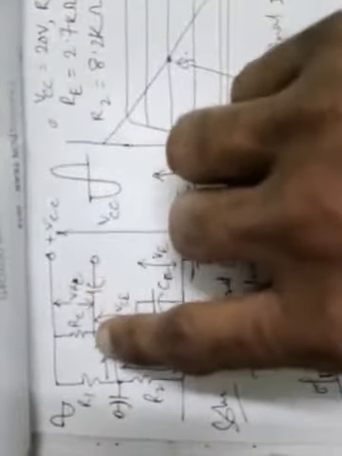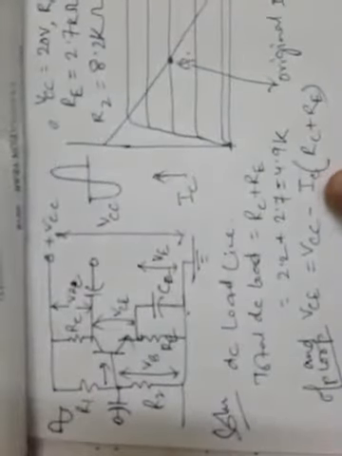That is the drop across RC, IC into RC plus RE, along with the VCE. This drop plus this voltage plus this drop as a whole is equal to VCC. So if you subtract from VCC this much and this much, you should get VCE. So that is written here.